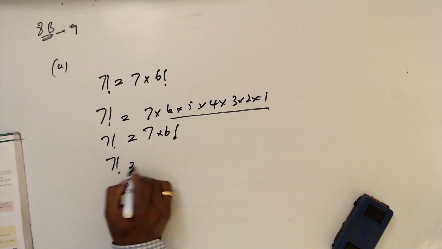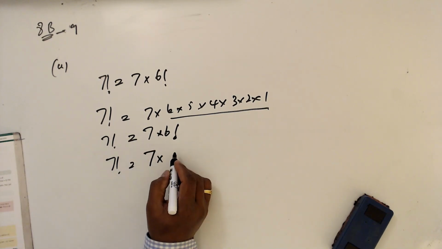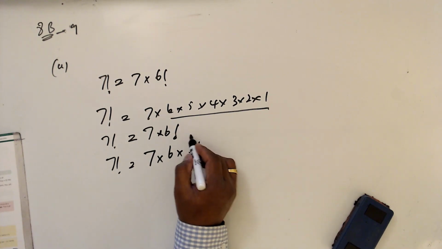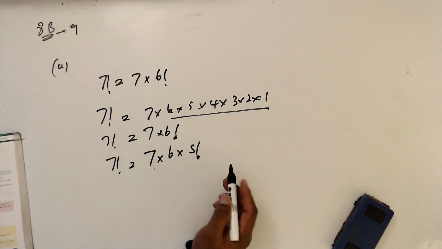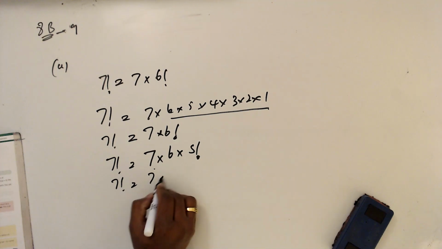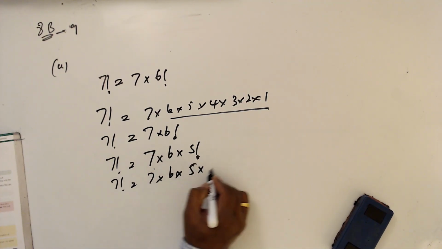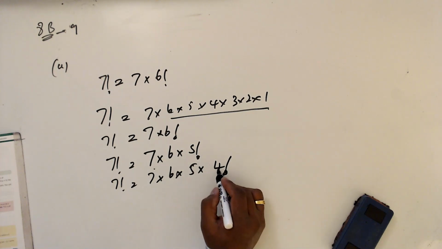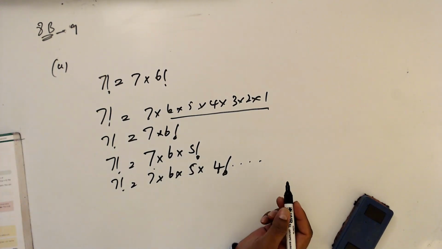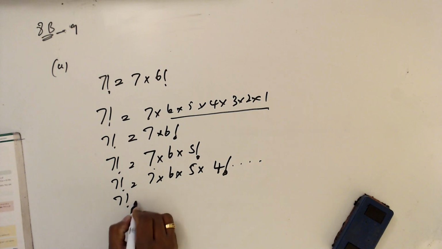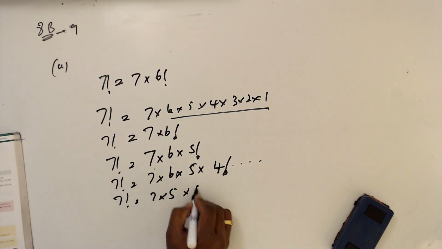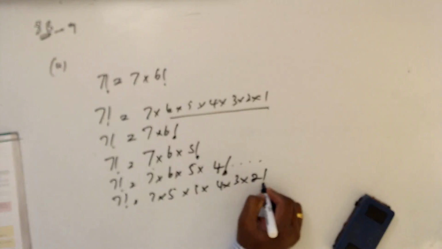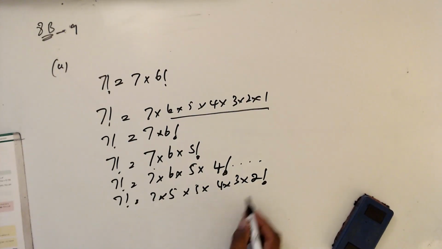Or I can write 7 times 6 times factorial 5, which is 5, 4, 3, 2, 1. Or I can write 7 times 6 times 5 times factorial 4, which is 4, 3, 2, 1. I can write factorial 7 as 7, 6, 5, 4, 3, and then factorial 2, which is 2 to 1.